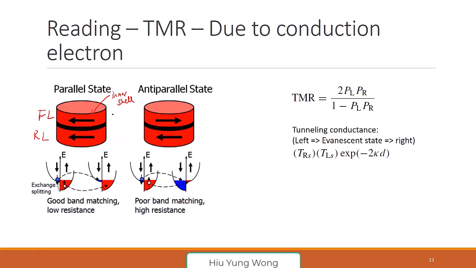So this is just like the external magnetic field, right? Because they're pointing in the same direction, for the free layer and the reference layer, they all have the same direction, getting more electrons.